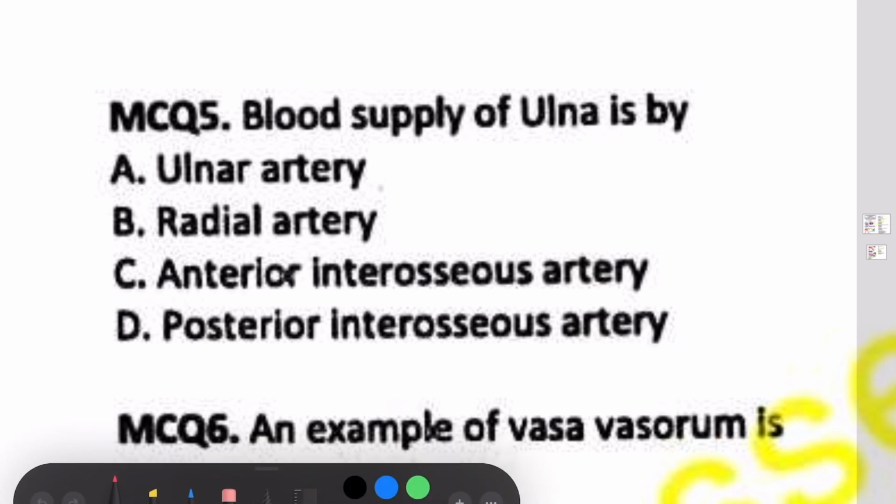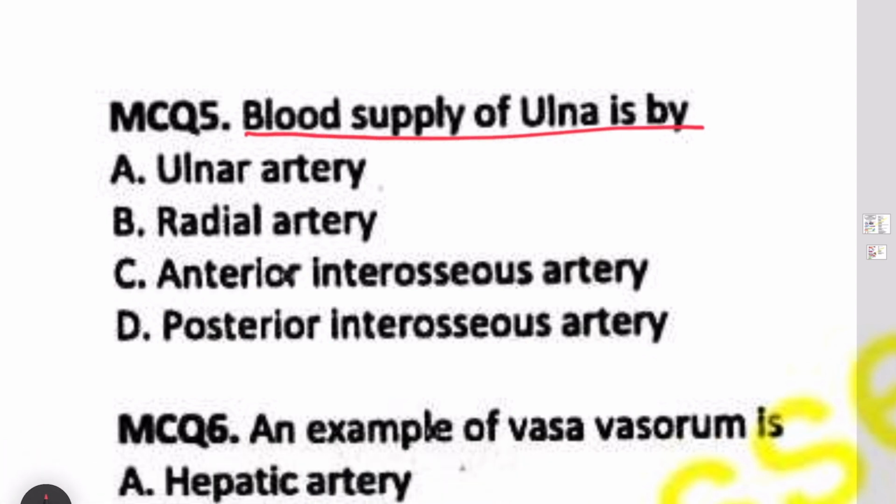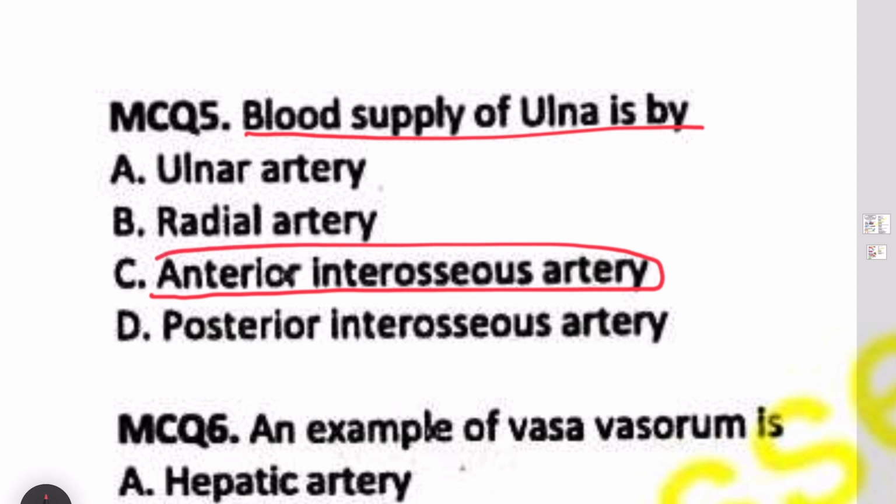For this, you can go back to my playlist. You can watch the lecture which I've uploaded in detail about the blood supply of different long bones. There you get to understand the clear funda about all this. But in short, let me brief: blood supply of ulna is by. So the answer here will be anterior interosseous artery.